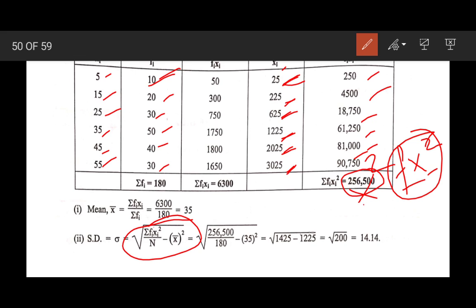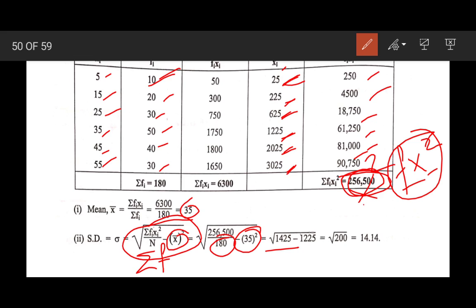So standard deviation is the under root of summation f into x square, meaning the total of this, divided by n. N means summation of f. So that is 180, minus x bar square. X bar is 35, so 35 square.